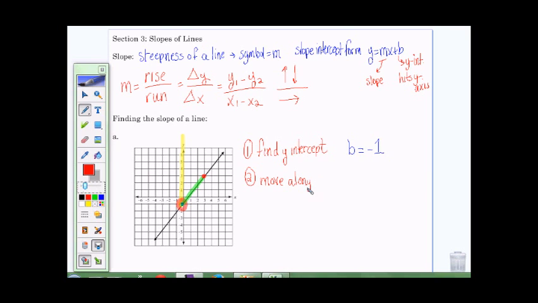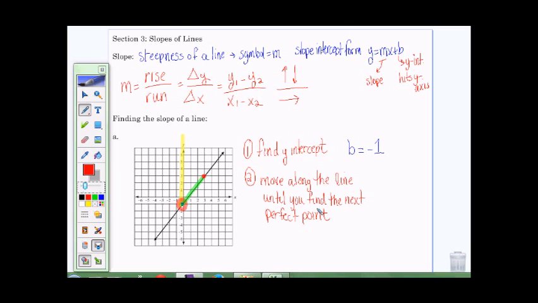Do you always start at 0? No, you always start at the y-intercept, where we hit the y-axis, and then move from left to right along the line until we find that next perfect point, which was right here.